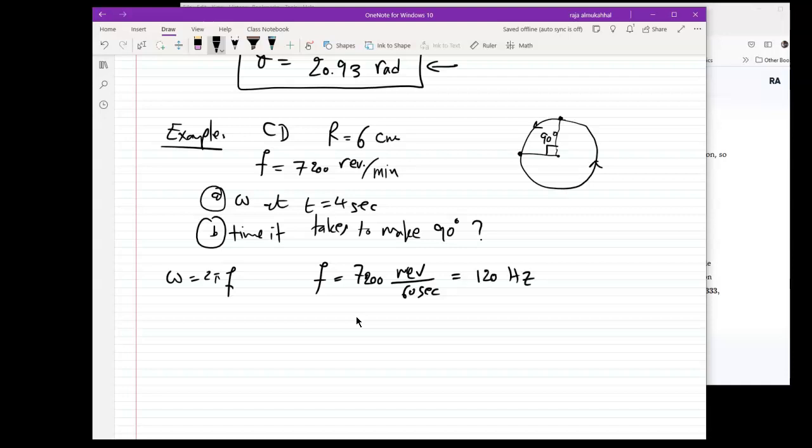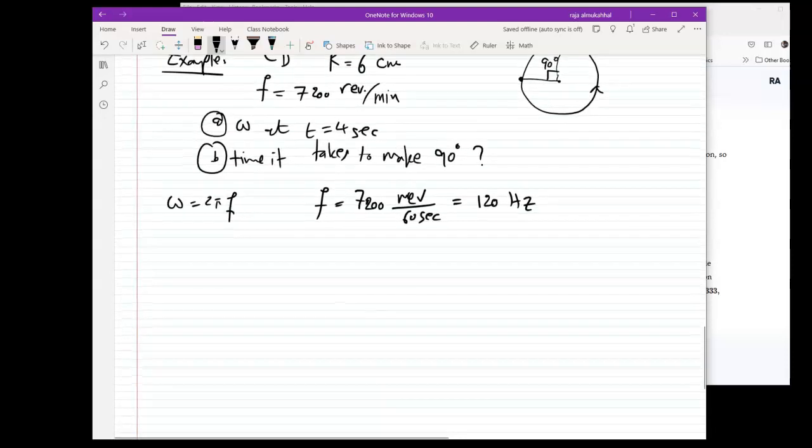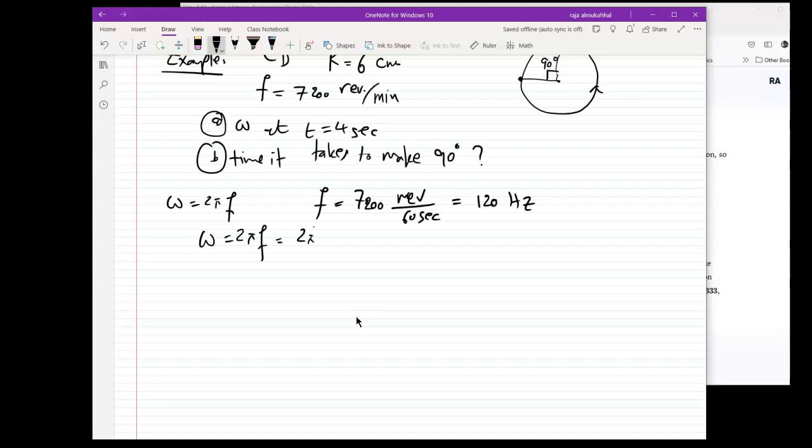That's the frequency. Now the second step: omega is 2 pi f, so that is 2 pi times 120. So the angular velocity is equal to 753.6 radians per second. There we go.